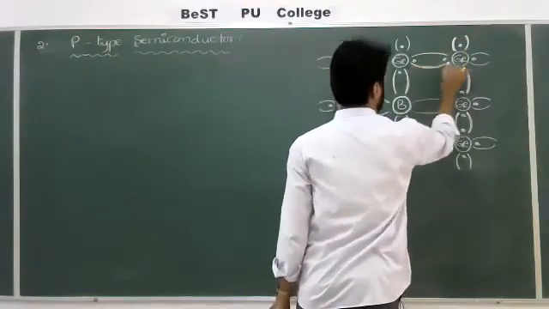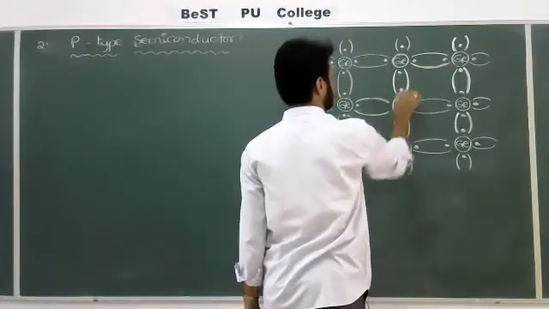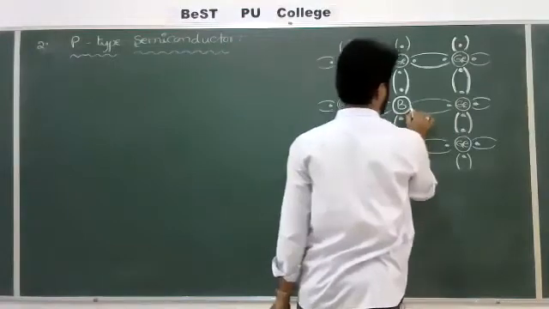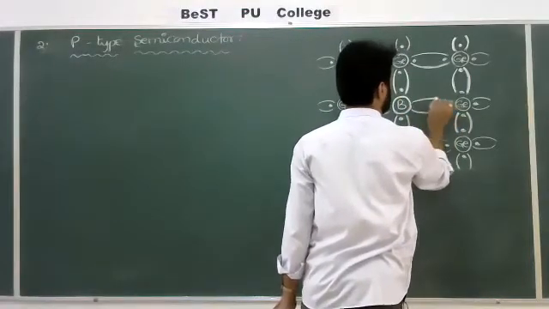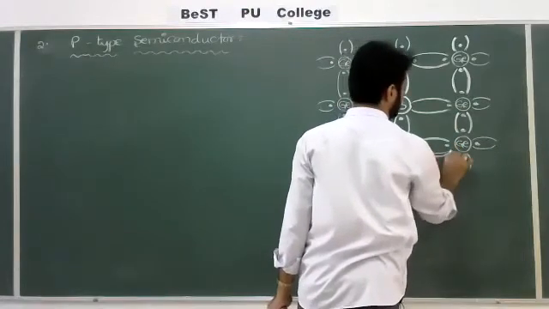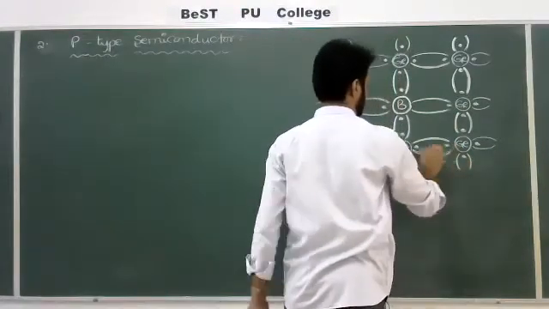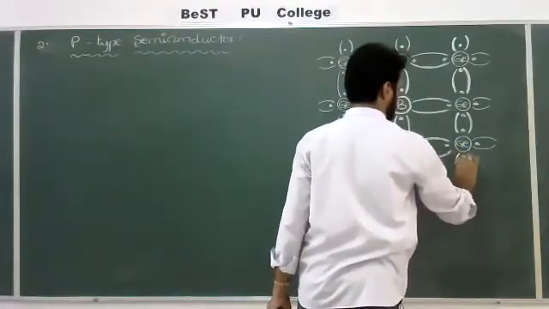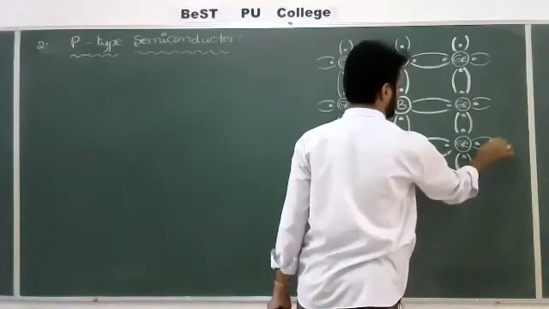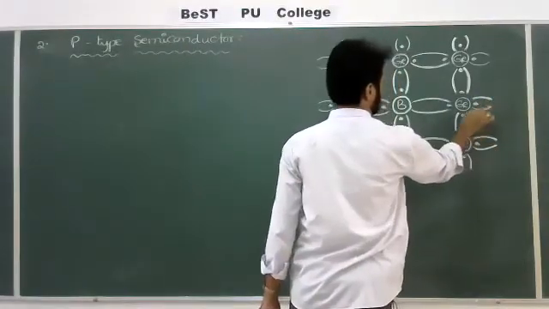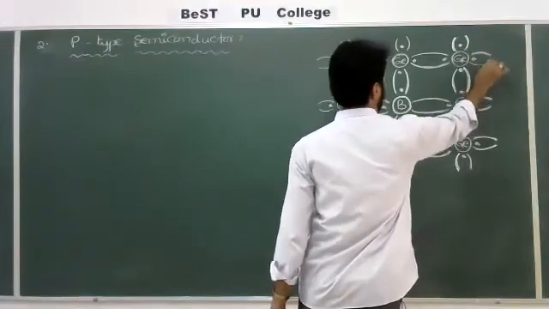So you should take 3 electrons only, but there will be one vacancy. So the bond is not completed. So 3 bonds completed, but 1 bond will be vacant. So you can draw the structure like this.